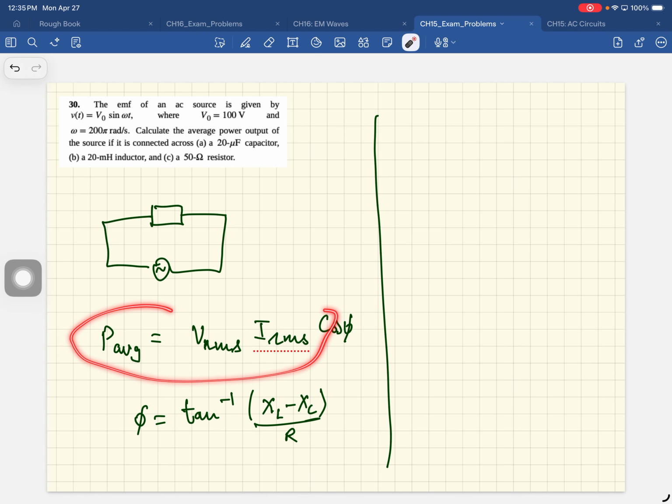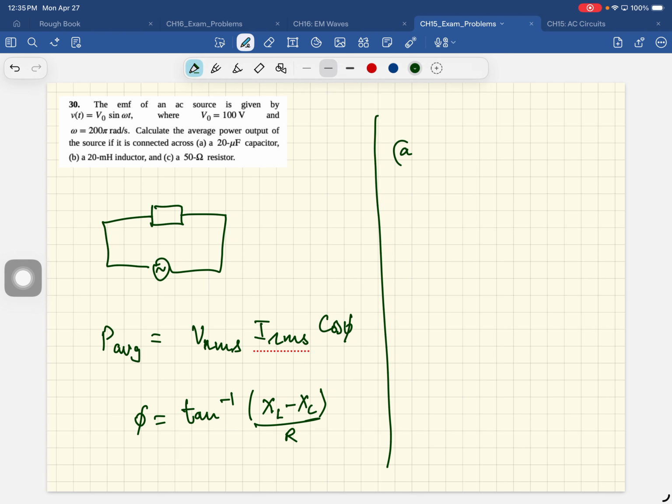For part A, when you connect a capacitor, phi is minus pi by 2.